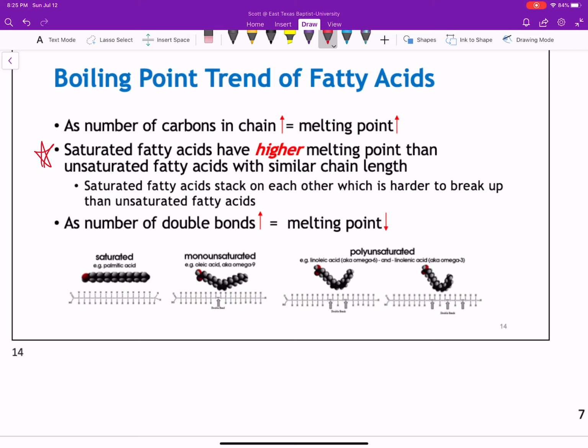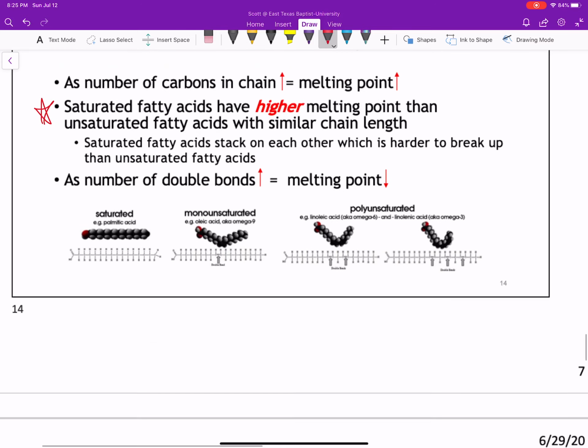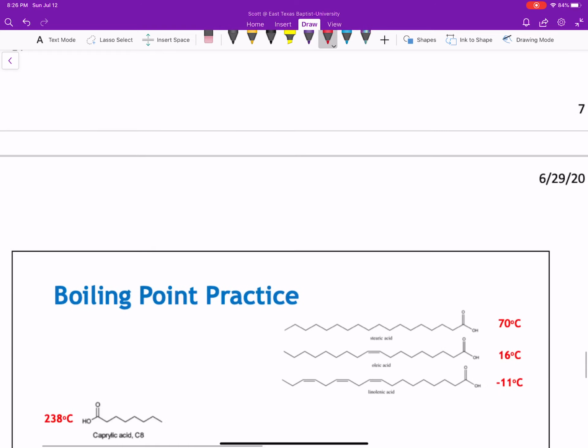It's going to be those dispersion or London forces, and thus they're going to have a higher likelihood to be solid at room temperature because they're so stacked one on top of another and unlikely, without a whole lot of energy, to break up that interaction. Okay. And also, as the number of double bonds increases, the melting point decreases because you get more kinks in the chain. Thus, it's harder to stack on top of each other.